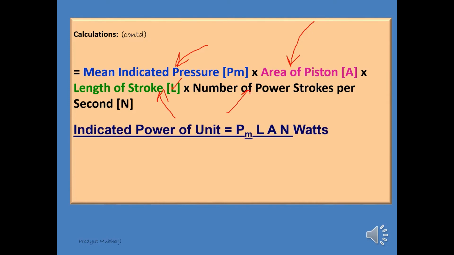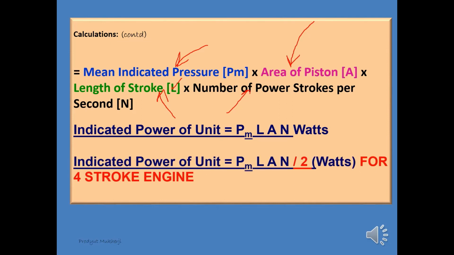And the final formula comes as this: if it is a 4-stroke engine, you have to divide it by 2. So this is how the indicated power for 1 unit is calculated. And if there are 6 units in the engine, you have to multiply this value by 6. If there are 8 units in the cylinder engine, you have to multiply it by 8. So this is how we calculate the indicated power of the main engine.